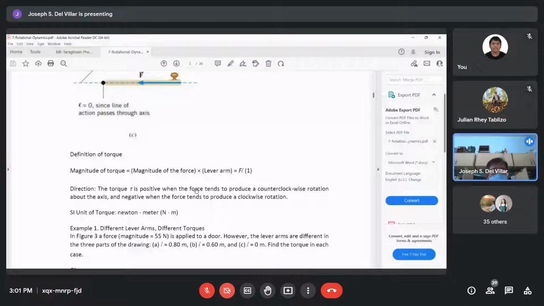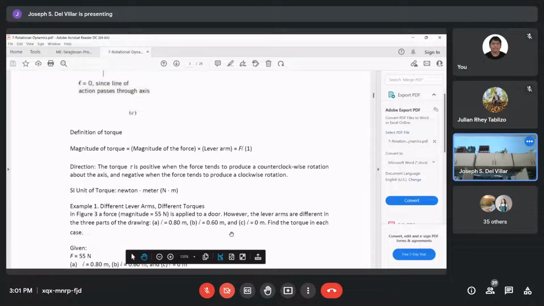And of course, we have a negative torque when the force tends to produce a clockwise rotation about the axis. Okay? So yun lang, dalawa lang yung direction, clockwise or counterclockwise. And positive yung torque kapag counterclockwise. Okay, so itong unit na banggit ko na yung unit, so that is Newton meter.